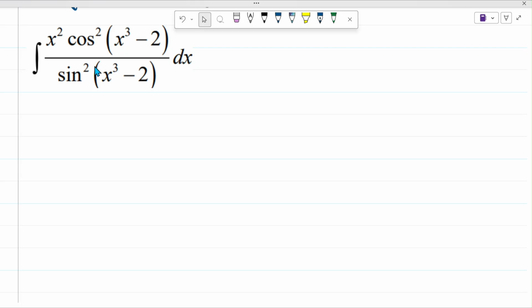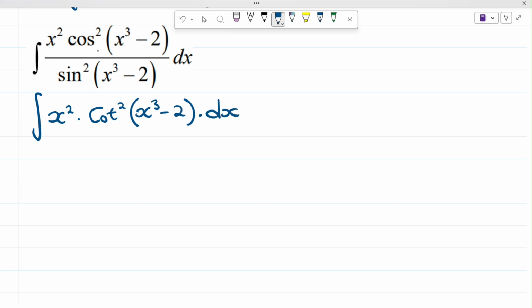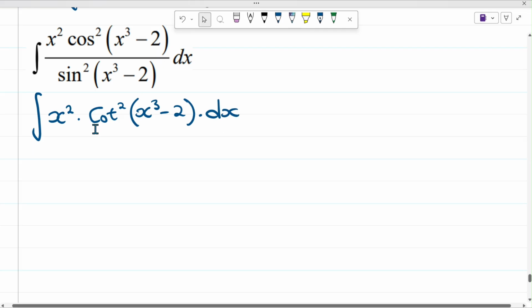So cos divided by sine is the one of cot, right? So here we're going to get this in simple terms. We're going to get x squared multiplied by cot squared of x cubed minus 2 dx. So cos over sine, guys, is equivalent to cot.